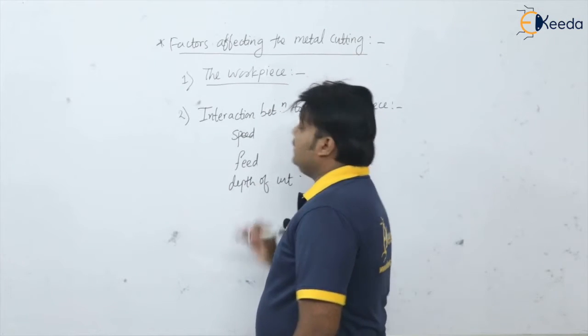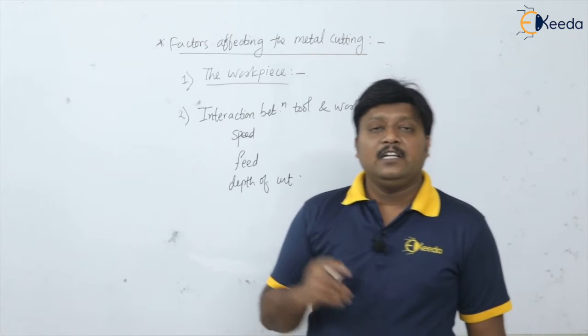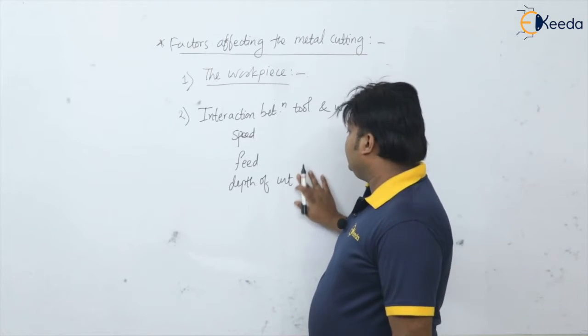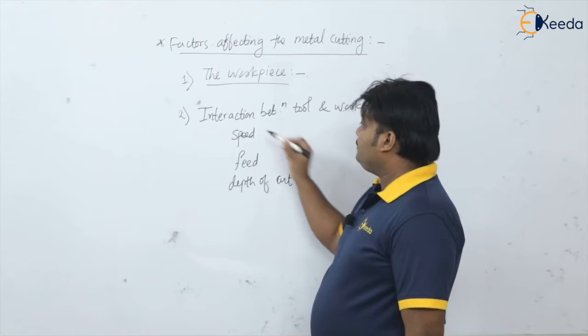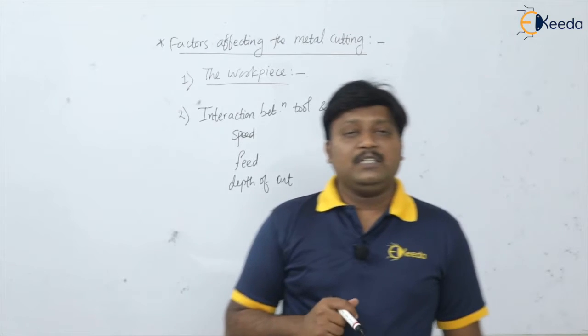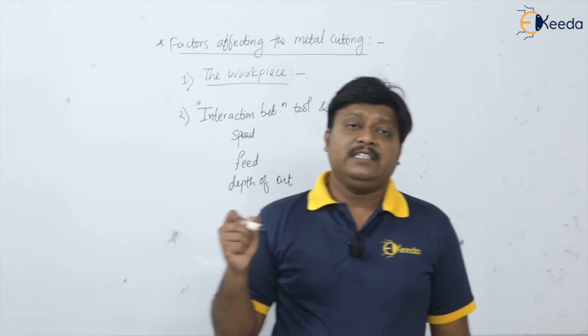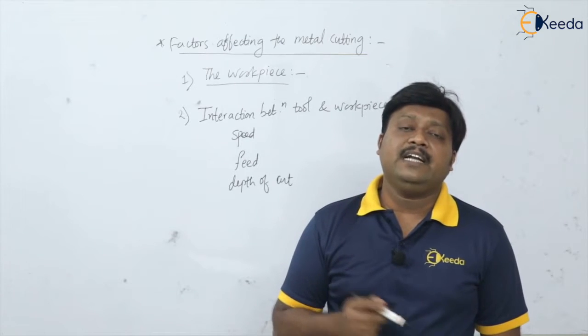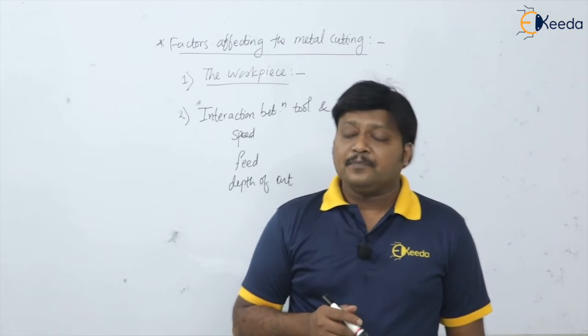If you select the optimum values for these, your machining is going to be a good machining, isn't it? So the interaction between tool and workpiece is nothing but the proper selection of machining parameters like speed, feed and depth of cut, okay.